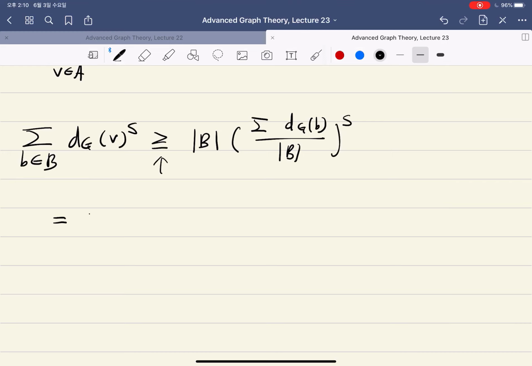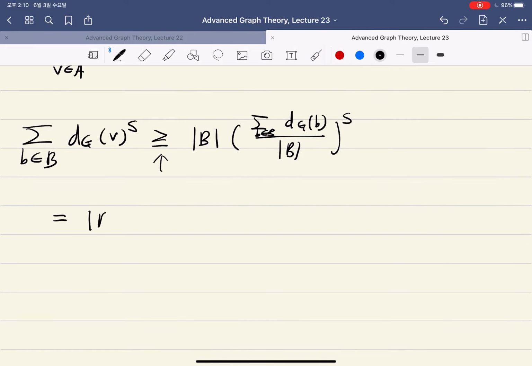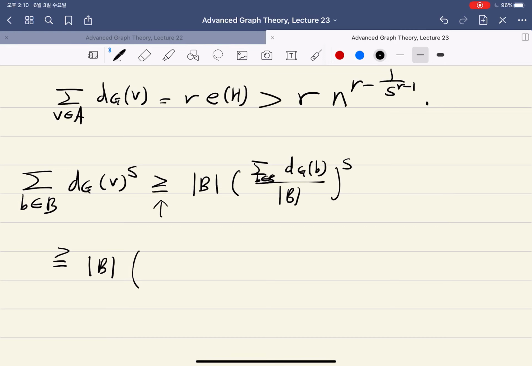And the summation of all degrees of b is the same as the summation of all degrees of a in the bipartite graph. So this is again at least as big as this. You plug that in, then r times n to the r minus 1 over s to the r minus 1 over the size of B. B has size roughly n to the r minus 1.